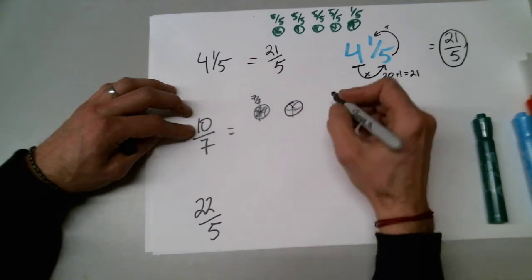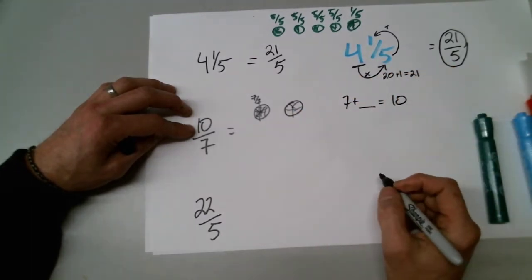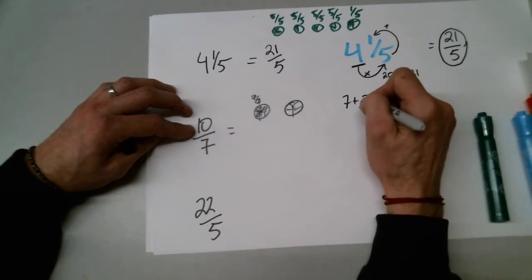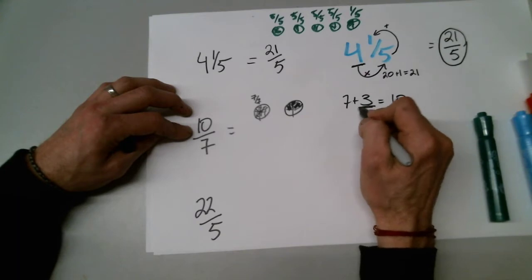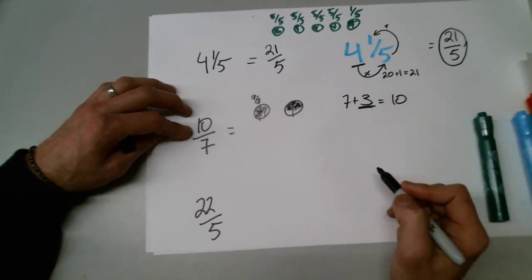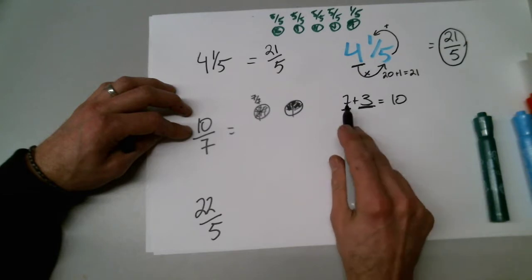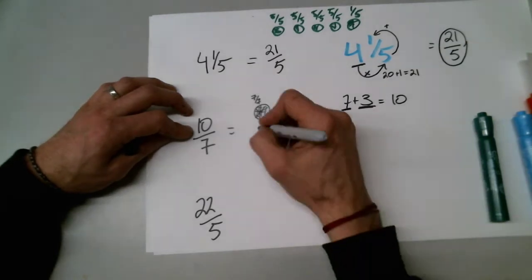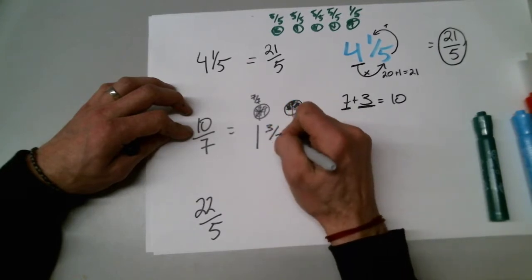So 7 plus what equals 10? 3. So in my second pie, I would only have 3 pieces left. So this 7 is 1 whole, that's 1. And how many were left over? 3 sevenths.